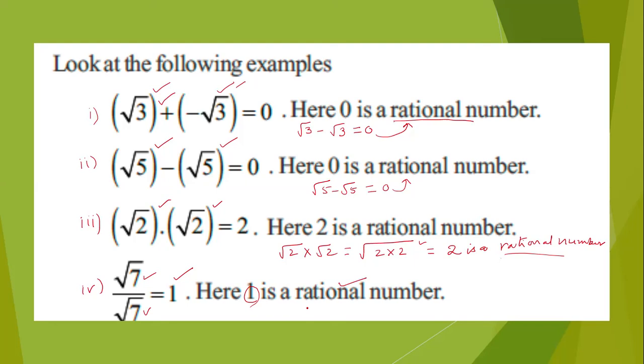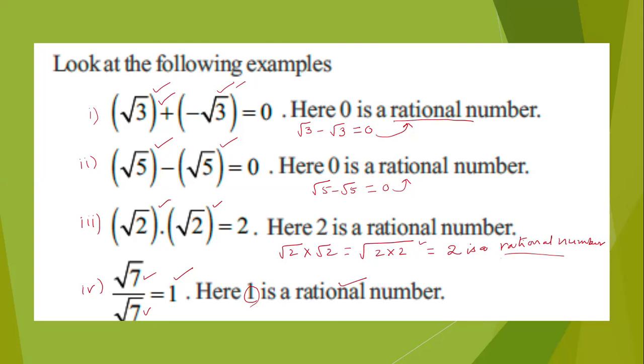That means you may observe all these 4 examples. In the first one, root 3 plus minus root 3, it is not mandatory that we always get an irrational in addition.